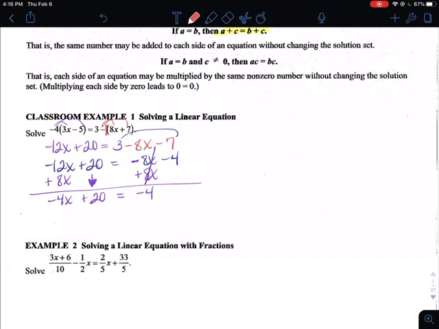Now that I have x on one side of the equation, I want to get rid of that plus 20 behind it. So I'm going to subtract 20 from both sides. So that's -4x equals, when you add -4 and -20, you get -24. At this point, to get x by itself, that's -4 times x, because they're side by side.